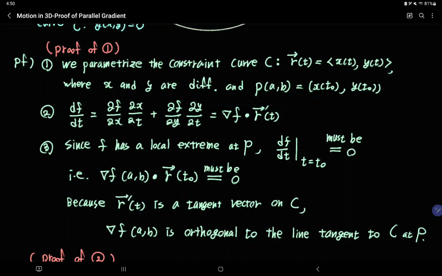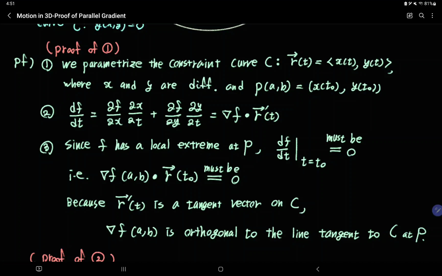We have to apply the chain rule because f is the outer function and x is the inner function. So we take the partial of f with respect to x times dx/dt, and similarly for y. This can be expressed as the dot product of gradient f and r prime.